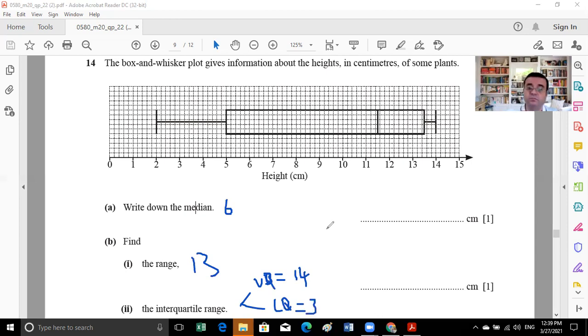Draw. You start from where? Is it from the range? From the range. Very good. You go like this and go here. 13, correct? Yeah, 13.